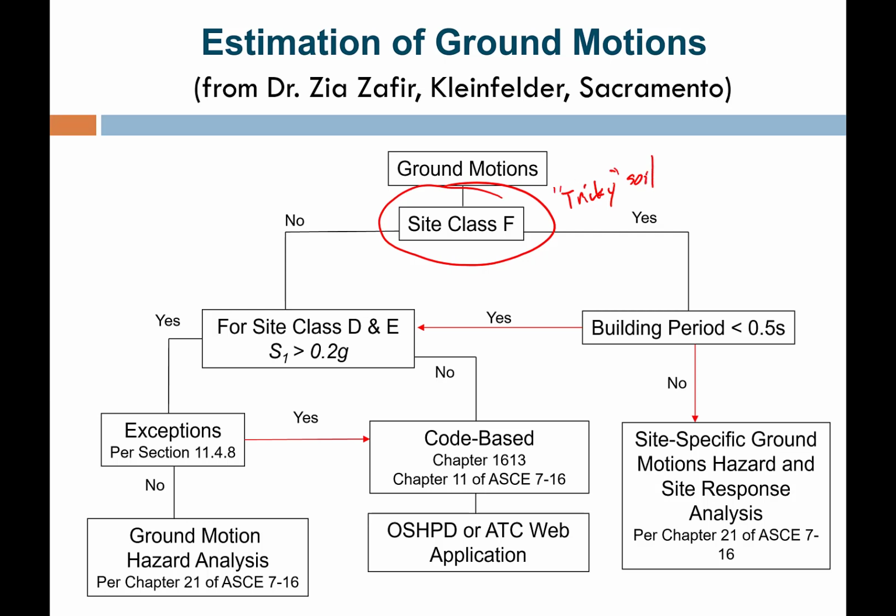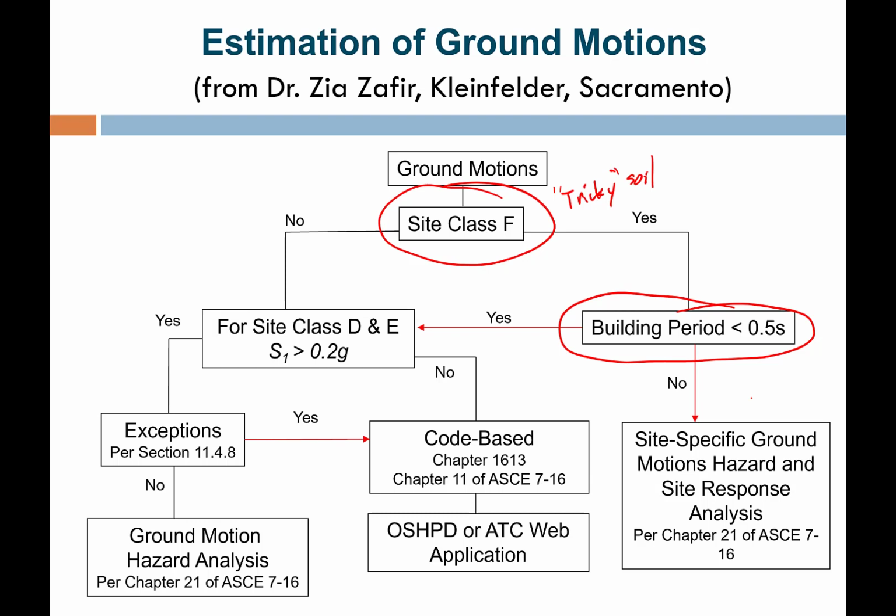Okay, so if the answer is yes, and you have tricky soil, then the next question relates to the period of the building. Is the period of the building less than half a second, or is the period of the building greater than half a second? If the period is less than half a second, that means that we have a short period building on long or high period soil.